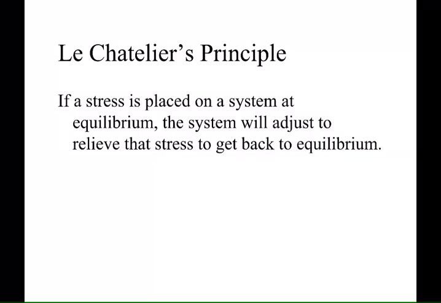So according to Le Chatelier's principle, you can have an equilibrium just ticking away, it's dynamic, and basically you stress that equilibrium, you poke at it, and something's going to happen. If you want to add something to this slide, what'll happen is that your system will adjust and get back to, I'm going to insert the word, new equilibrium.